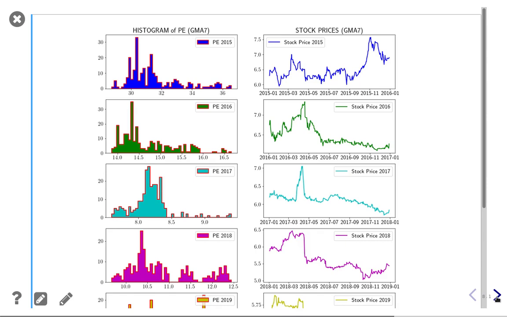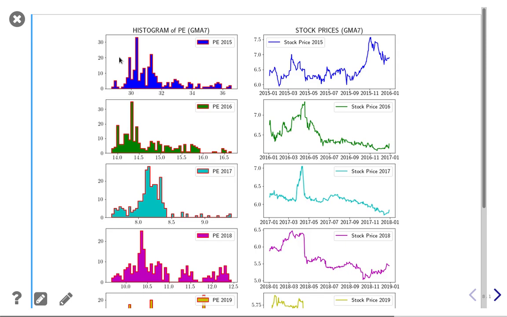Now we can go to the next slide, which is the histogram and the stock price. On the left side, you can see the histogram of the price to earnings ratio, and on the right side, you can see the graph showing the range of the prices at different levels of P/E ratio. For 2015 to 2016, the one-year stock price is in the 7.6 to 7.5 range, and this is the histogram of that stock price level.